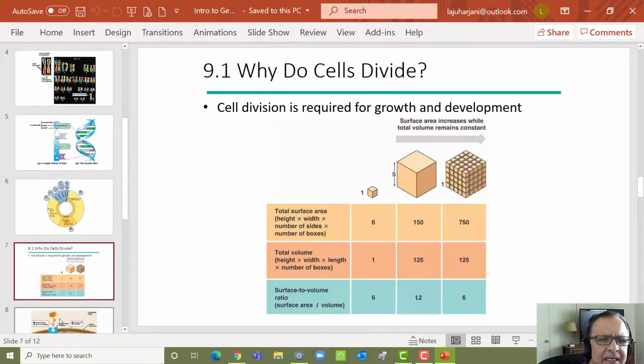Okay, our next thing is, why do cells divide? So cells divide obviously because when they grow too big, they cannot keep up with the demand of nutrients coming in and waste going out. And at the same time, the communication becomes too big.